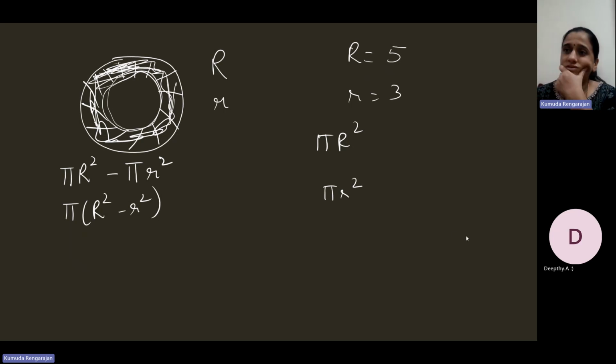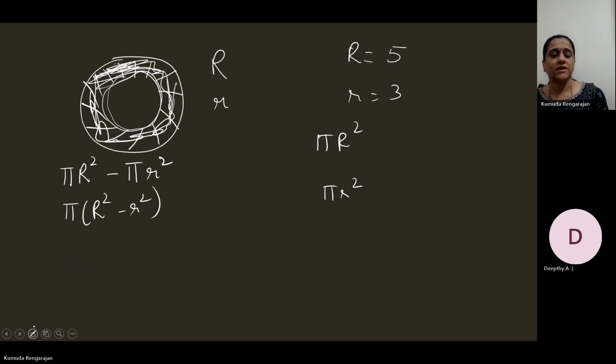Yeah, you can do that, yes. Area of the outer circle minus area of the inner circle gives us the area between the two concentric circles.